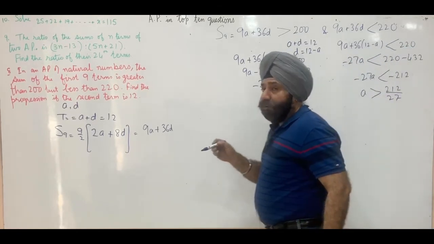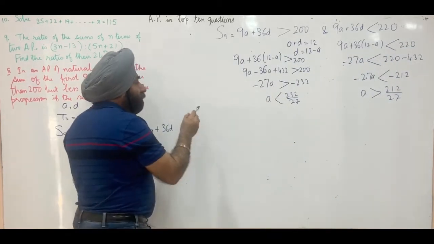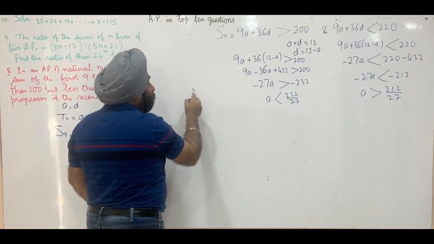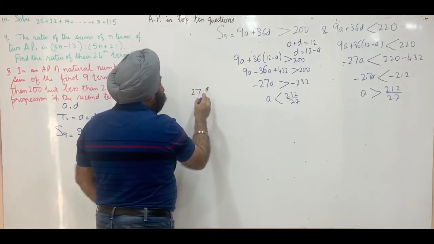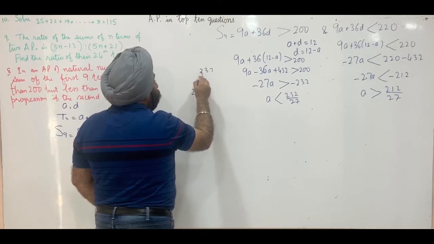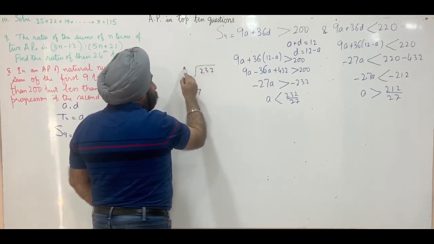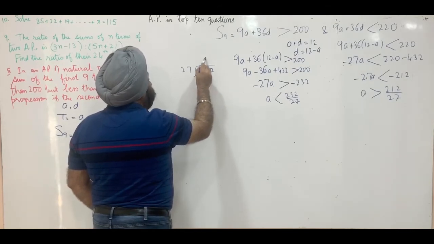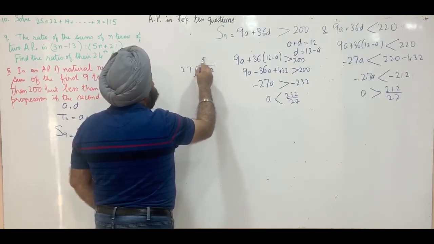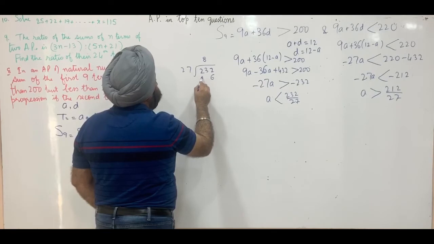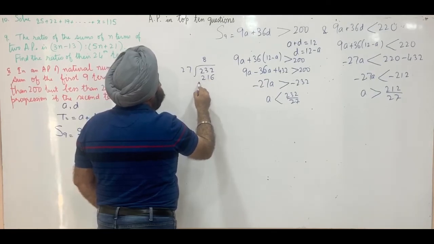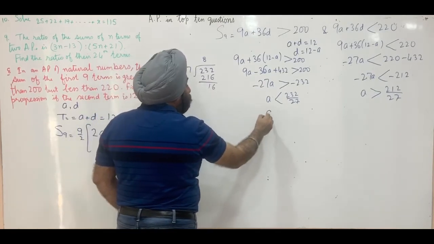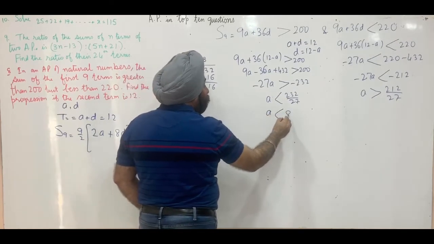So let's solve. 232 divided by 27 is 8 point something, so A is less than 8 point something.